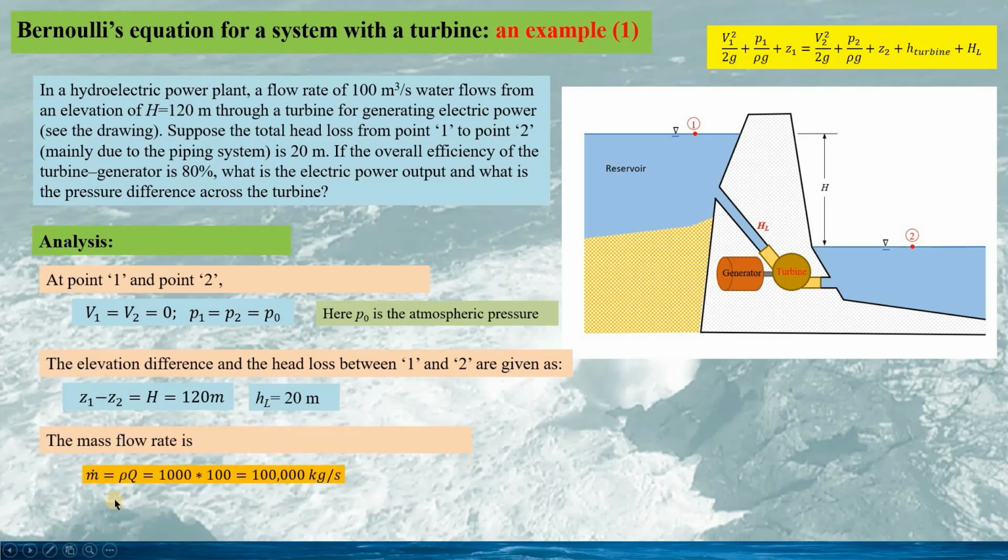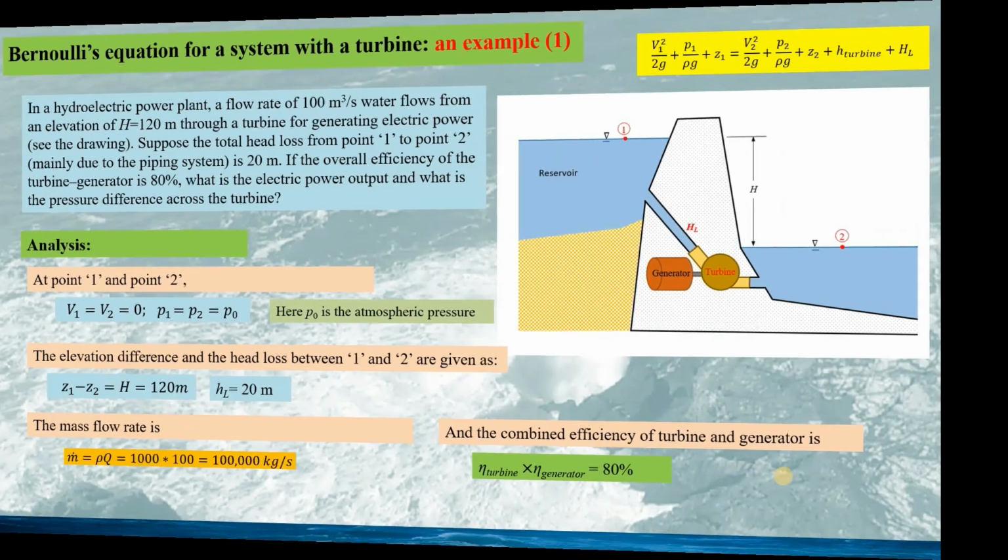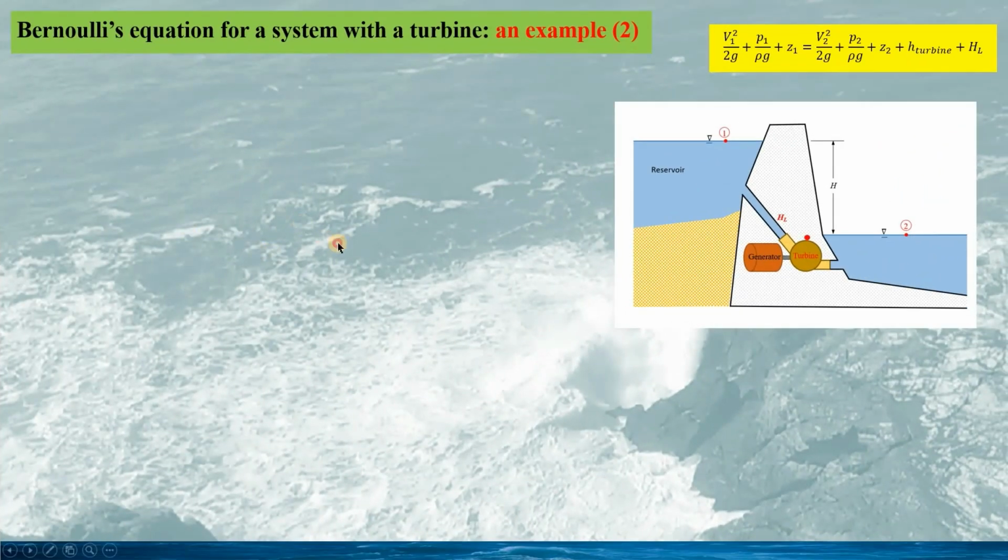The mass flow rate can be calculated as m dot equaling rho Q. So it would be 100,000 kg per second. And the combined efficiency of the turbine and the generator is given by eta turbine times eta generator equaling 80%.